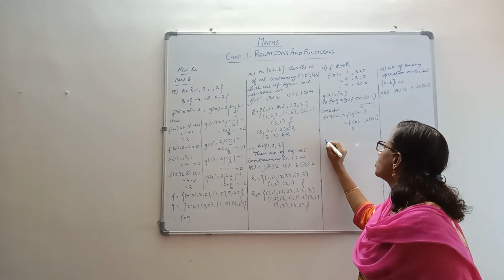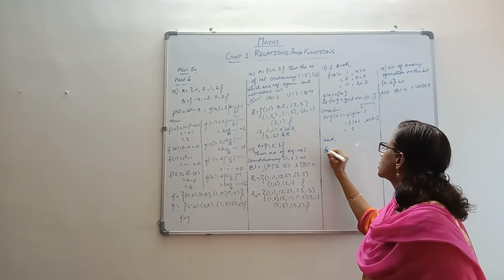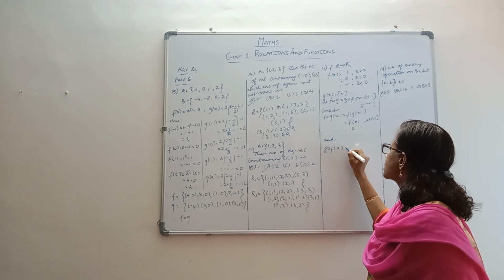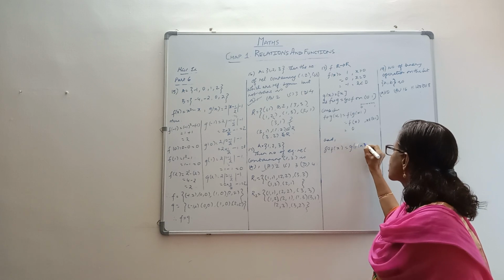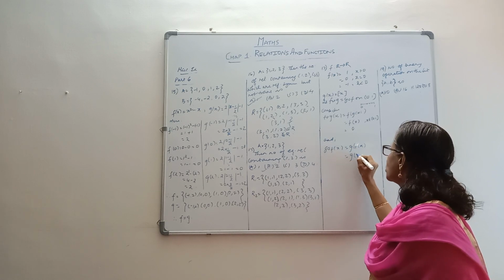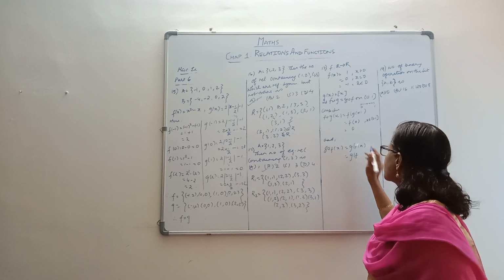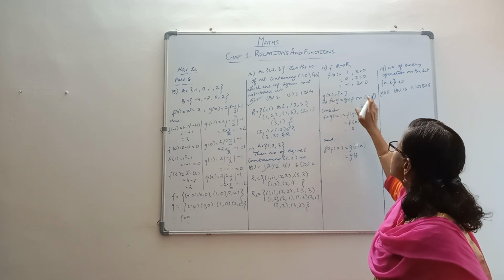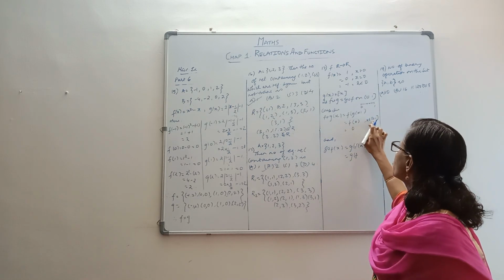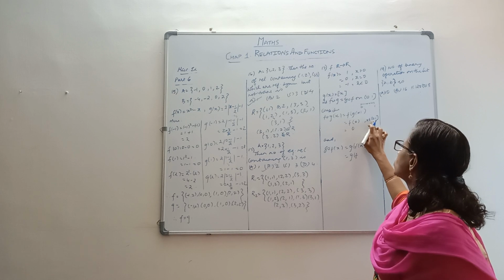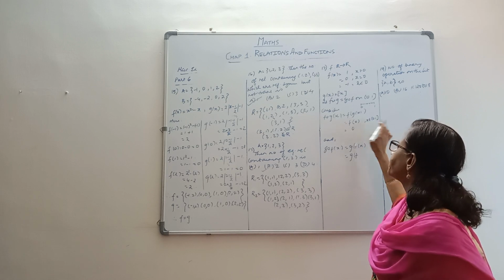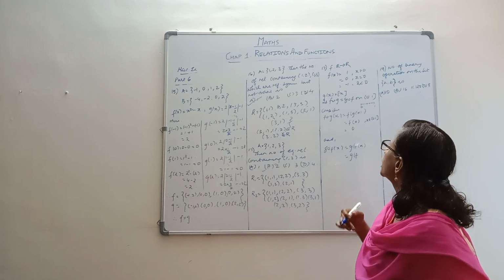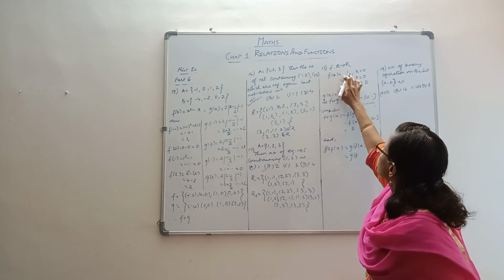Now we are going to check gof of x, that is g of f of x. And we know f on this interval between 0 and 1, that is after 0, because it's an open interval, you don't take 0, is going to be defined as 1.